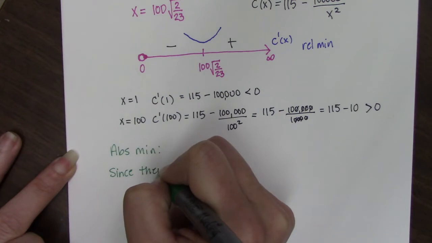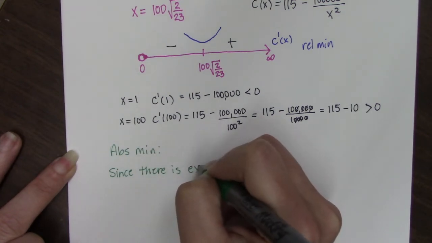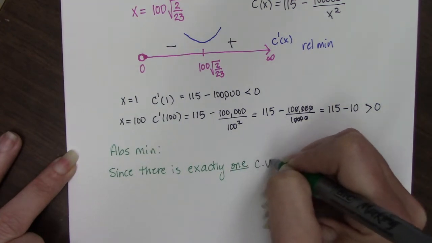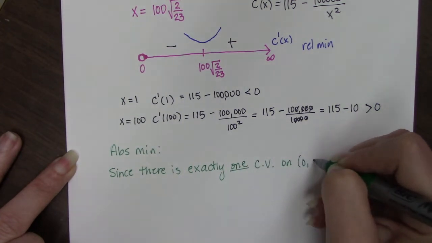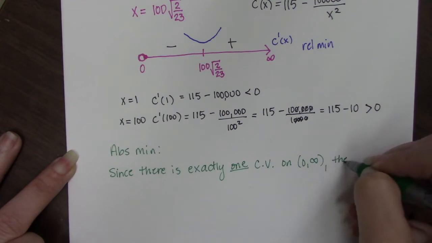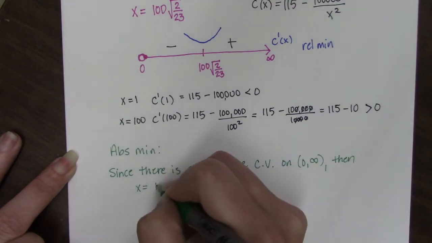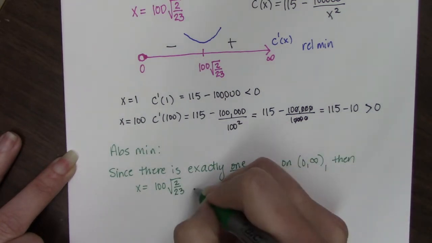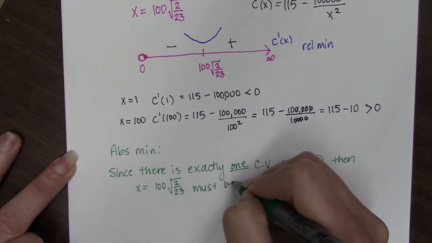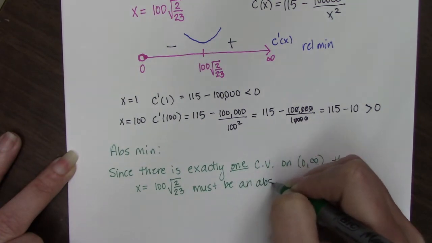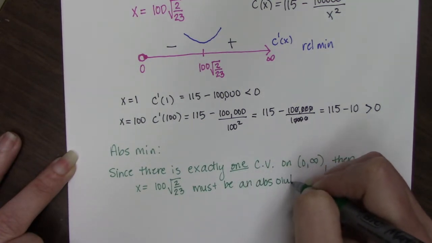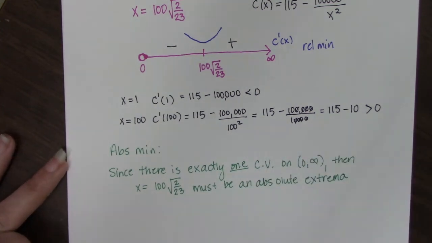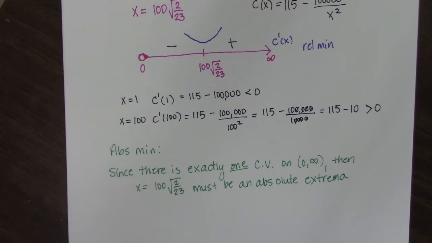So since there is exactly one critical value on our domain, then x equals 100 times square root of 2 over 23 must be an absolute extrema. So we can then plug in the values, find x and y.